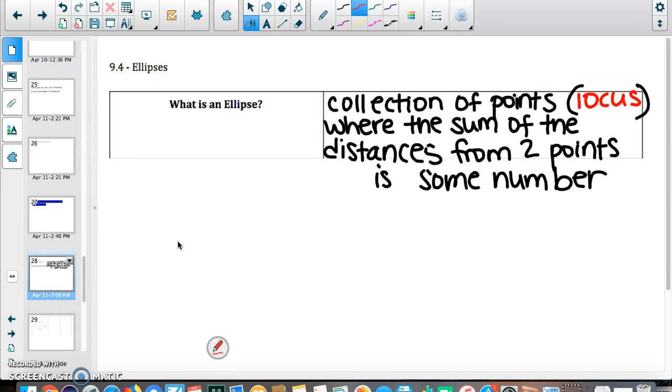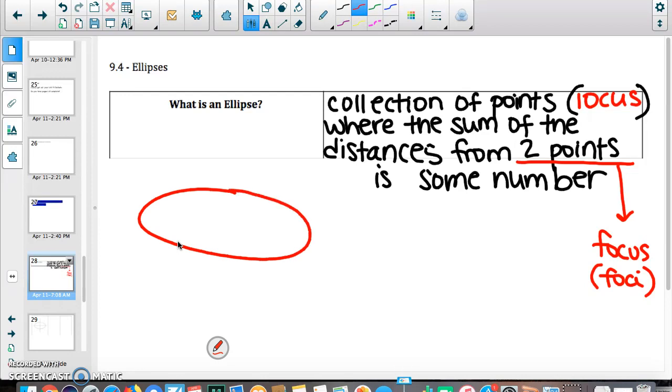And remember I said these 2 points are called focus points, or for plural foci. So an ellipse is a collection of points where the sum of the distances from 2 points is some constant number.